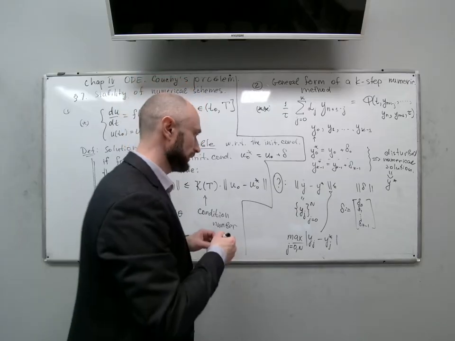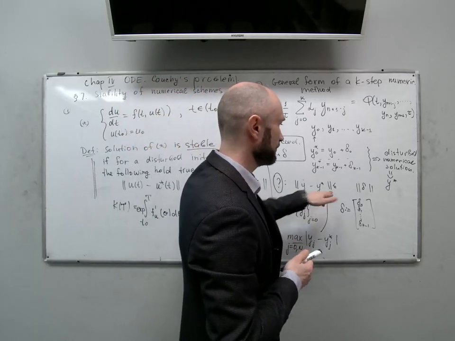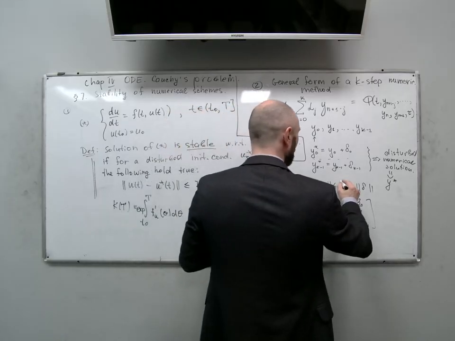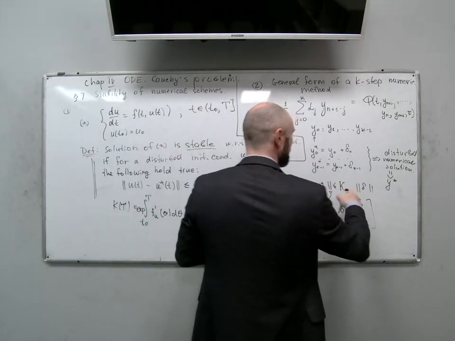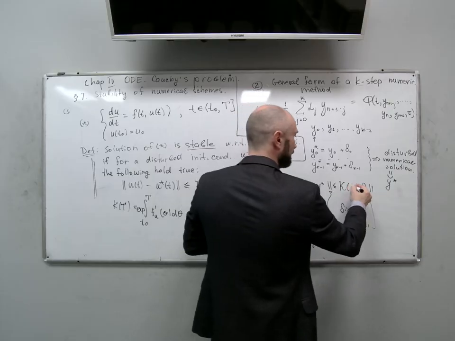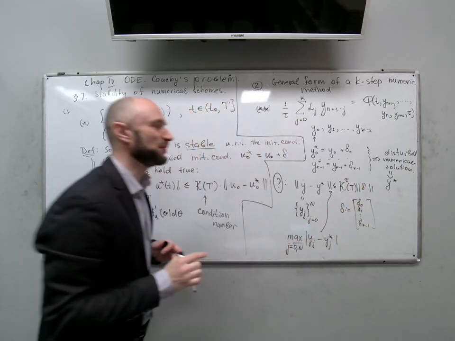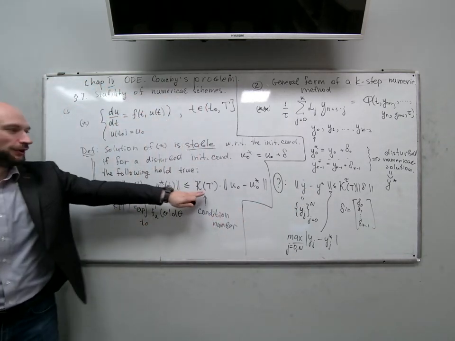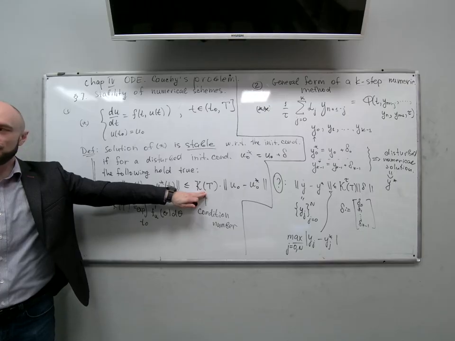It doesn't matter which particular norm you will take here. An important thing here is that some constant k capital should sit here as well, parallel to the definition for the original problem.